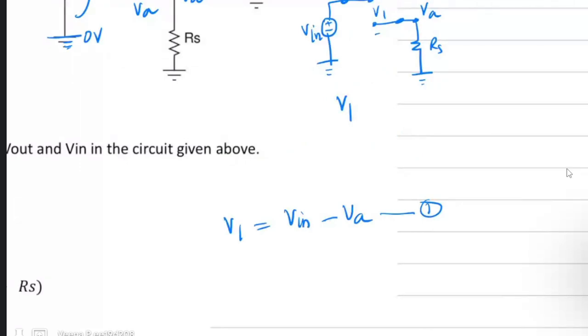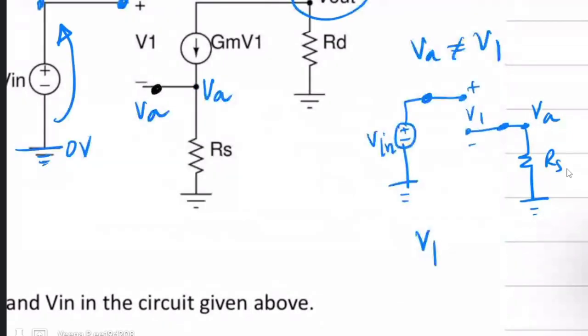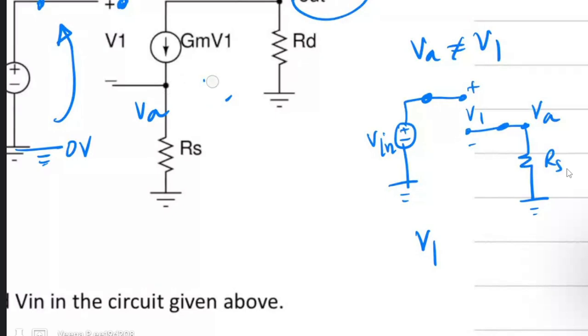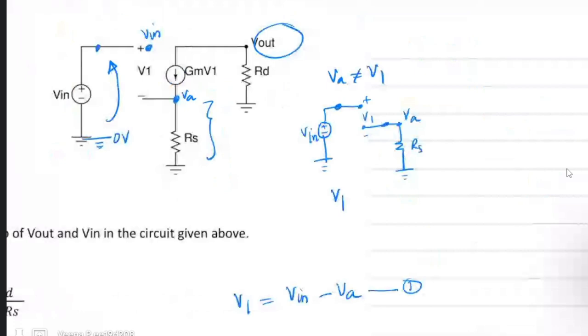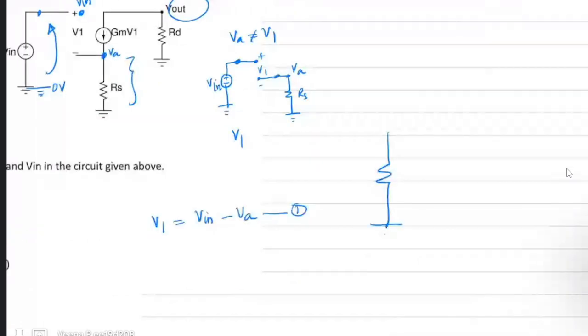Now what is VA? VA is the potential drop across this resistor RS. One point of RS is grounded, at 0 volts, and the other point is at VA. So if you know the current through RS, you can find VA. What is the current through this resistor?